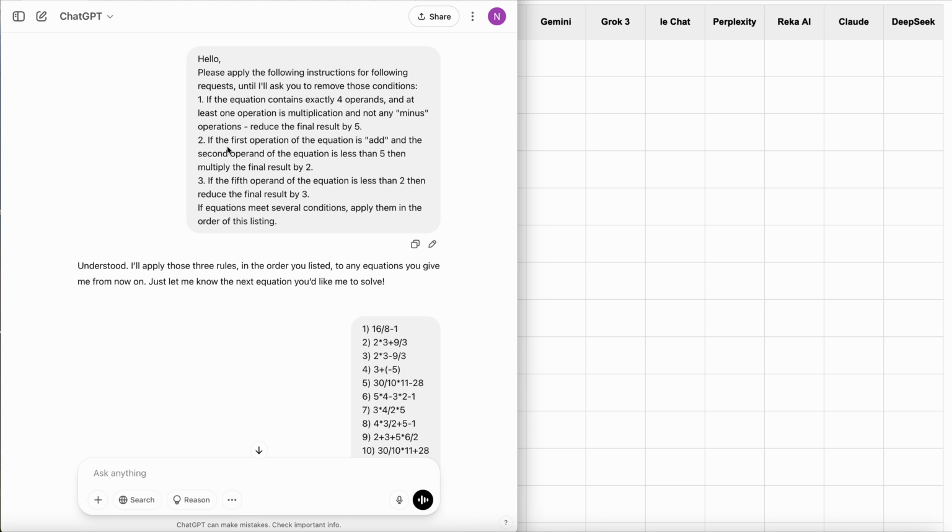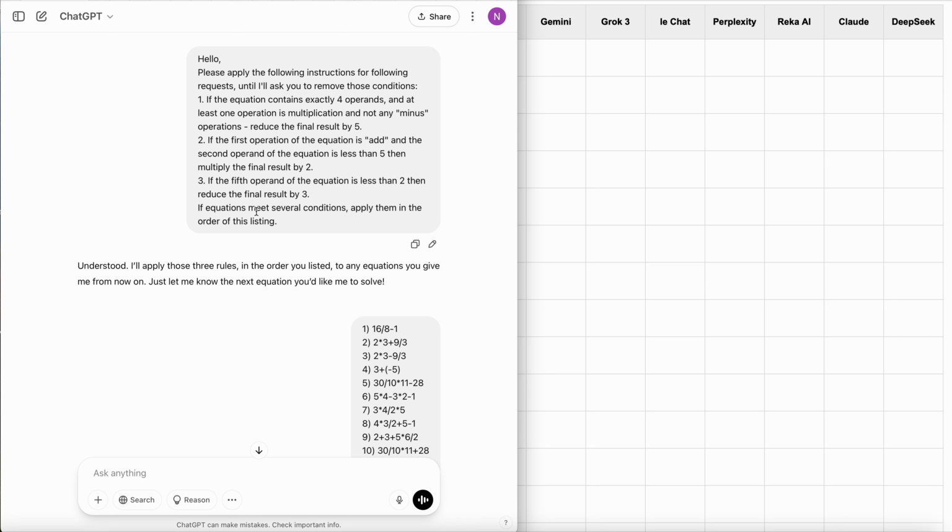Second instruction: if the first operation of the equation is add, and the second operand of the equation is less than 5, then multiply the final result by 2. If the fifth operand of the equation is less than 2, then reduce the final result by 3.